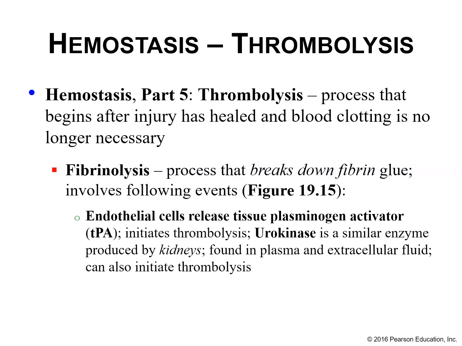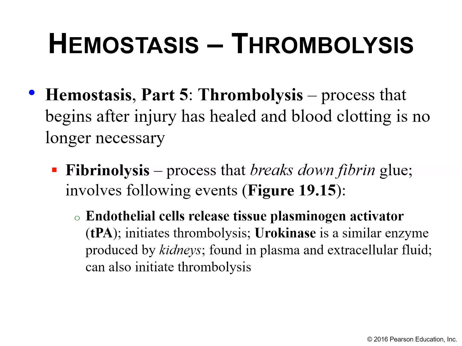Endothelial cells release a tissue plasminogen activator, TPA, the same TPA that's given into coronary artery blood clots, also given by paramedics during a myocardial infarction when you have a coronary artery that's blocked by a thrombus.